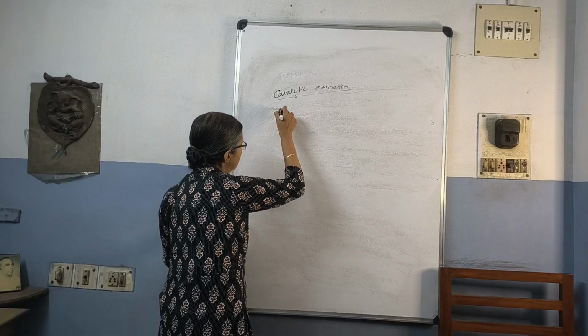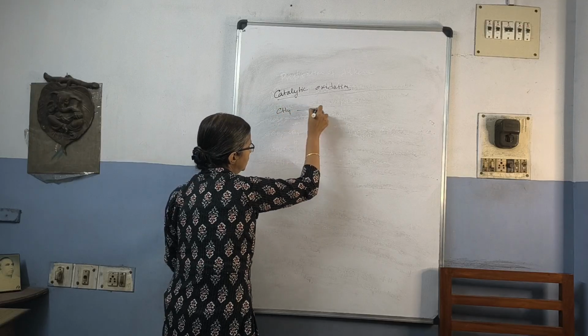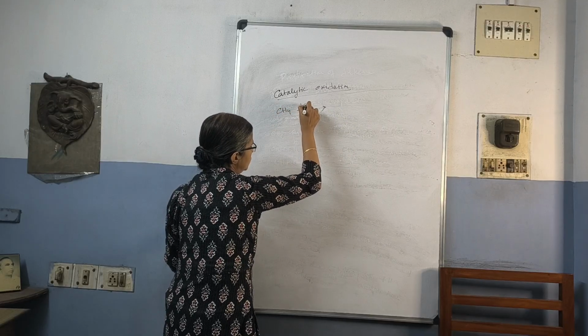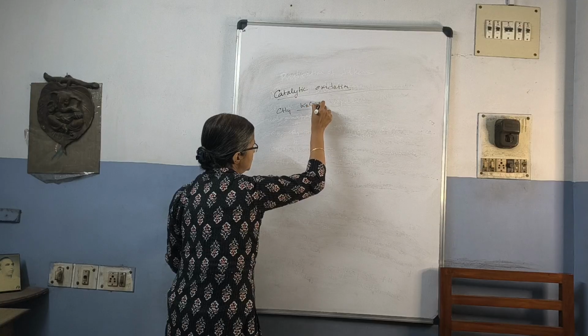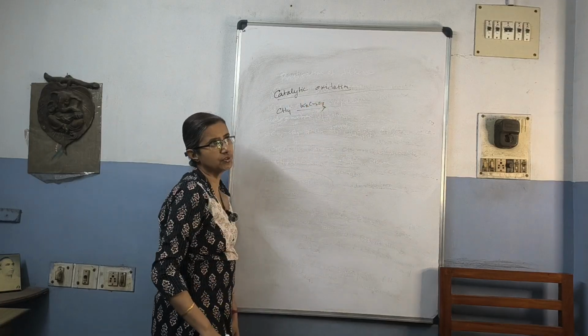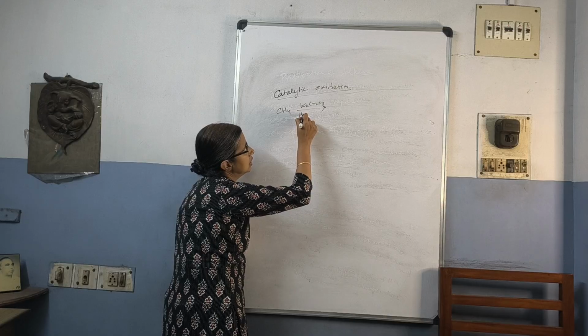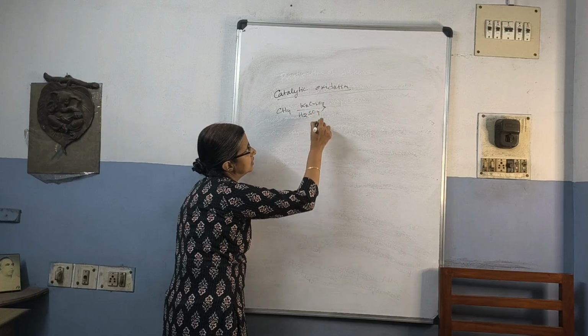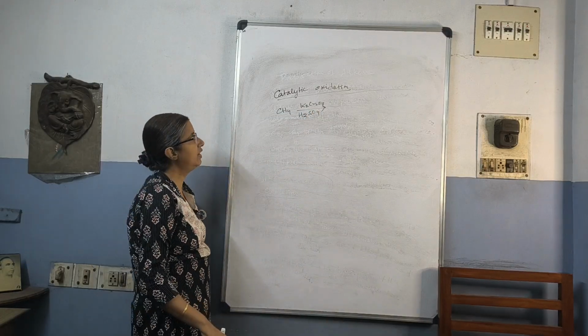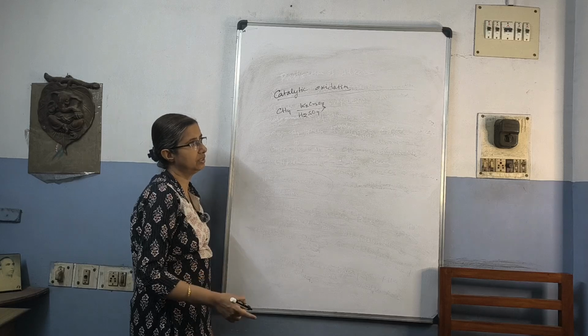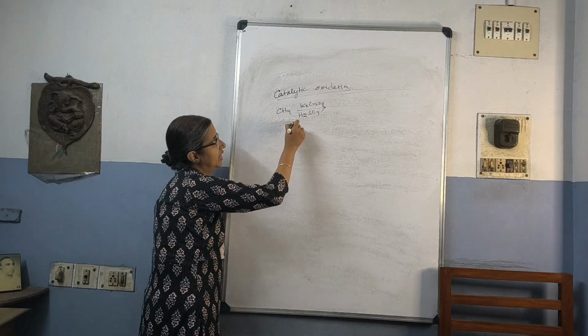Likewise, we have CH4 with K2Cr2O7. We know that this is a very strong oxidizing agent, with which we should take a little acid. So acidified K2Cr2O7.